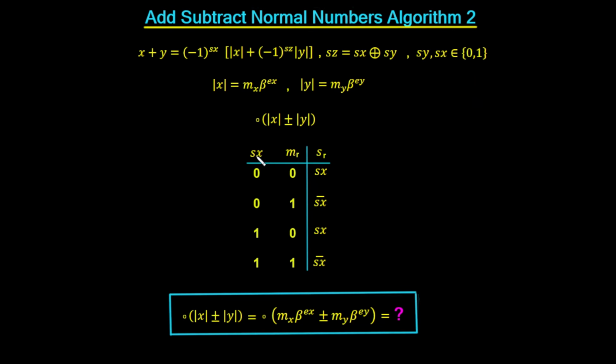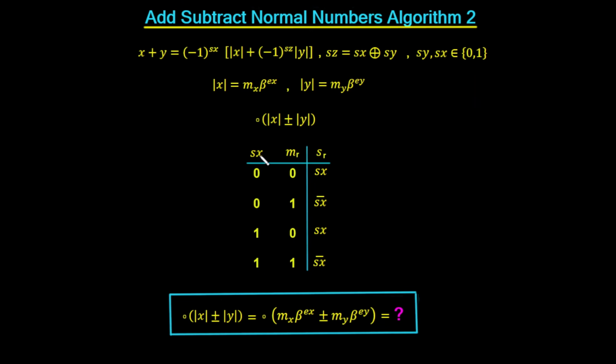So for example, if the sign of x ended up 0 and the mantissa is a value of 1, which means it's negative, then the output for the sign wouldn't be a positive value, it would be a negative value.